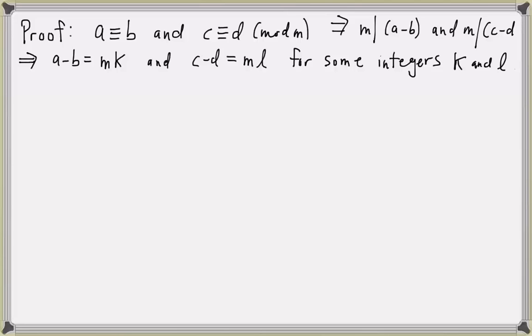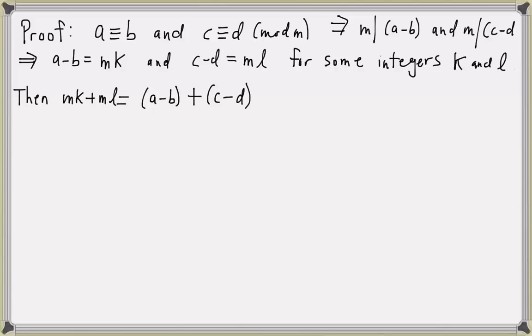Now let's look at the sum mk plus ml. Then mk plus ml will equal a minus b plus c minus d.